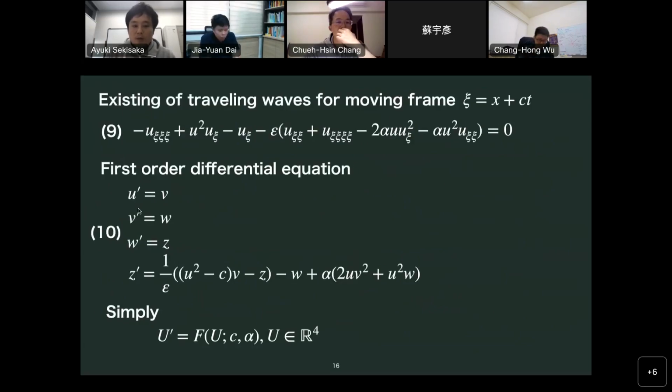And the Neumann boundary condition: if we consider reaction diffusion systems, Neumann boundary conditions mean V equals 0, because V equals U dash, so U dash equals 0.